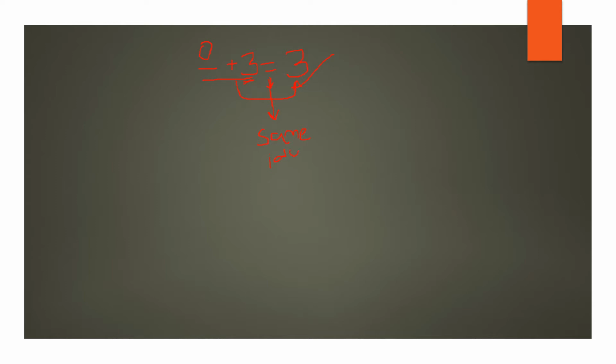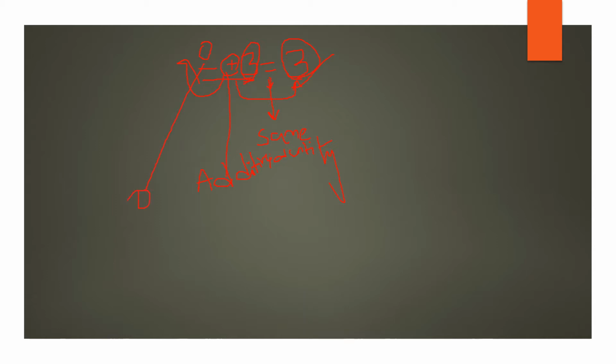Identity. Here I'm getting this 3 only when I'm adding 0 to it. Addition means plus, so I can say it as additive. Additive identity. What is the number that, when added to this one, gives the same answer? It is 0.